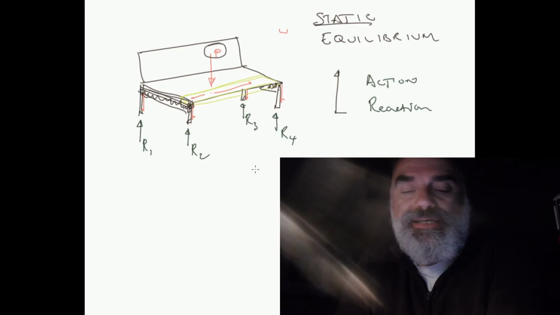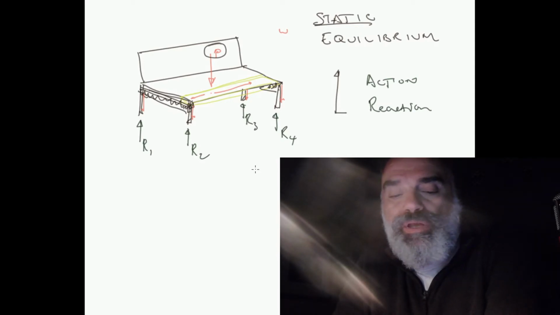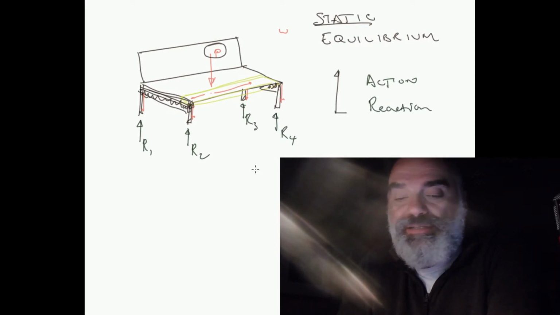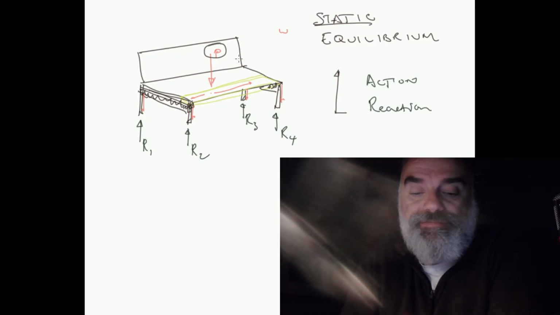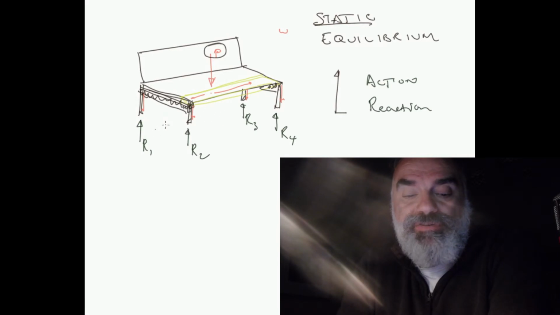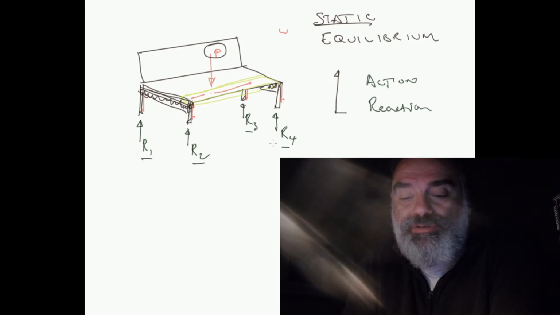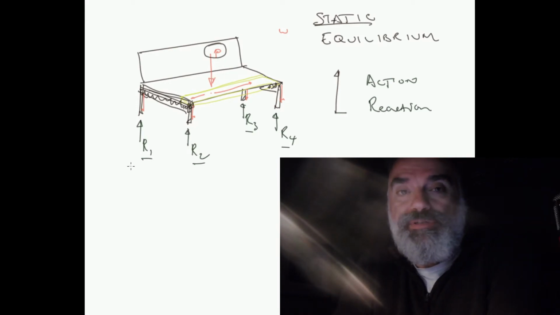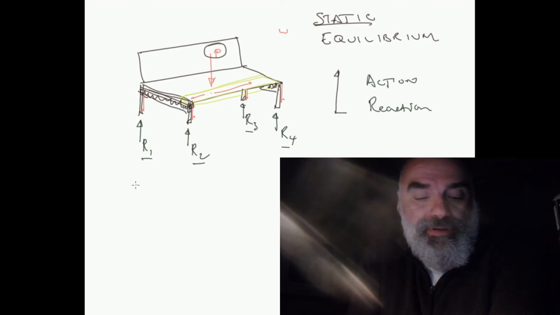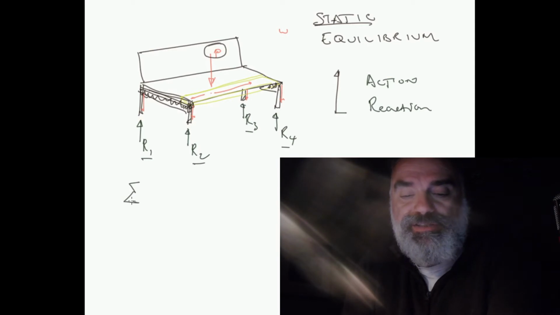Okay, and then for static equilibrium, we need to satisfy the fact that for this bench in the vertical sense to stay stationary, that's to say if it's not to sink into the ground, then the ground has to provide equal and opposite forces which added up together sum the force in the downwards direction. So we use the Greek symbol capital sigma to say a sum.